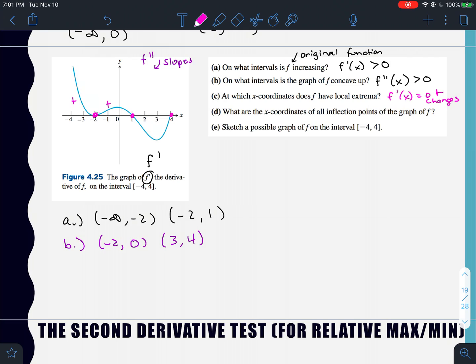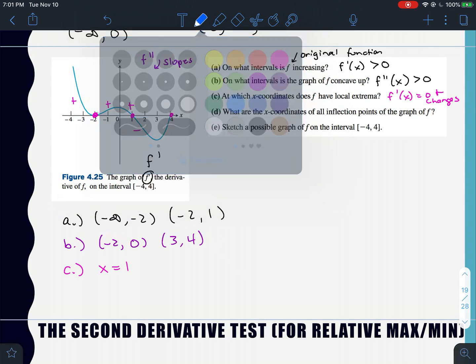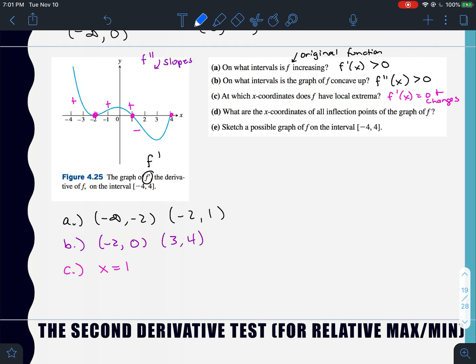Well, here the derivative is positive, and here the derivative is positive. So at negative 2, the derivative didn't change signs, so that is not going to be a local extrema. We call that a plateau point. At 1, the derivative changes from positive values to negative values, so we do have a local extrema at x equals 1. At x equals 4, the derivative is equal to 0, but we don't know if there's a change in sign because we don't know what's happening afterwards.